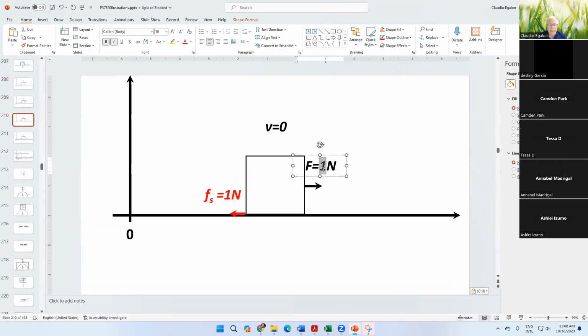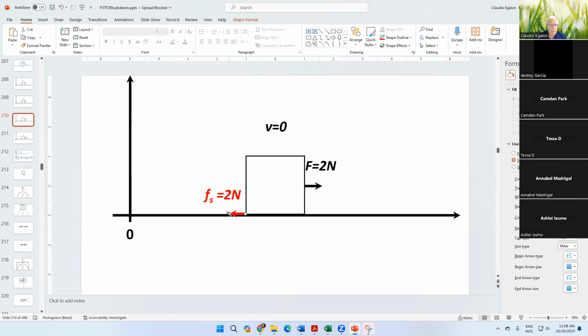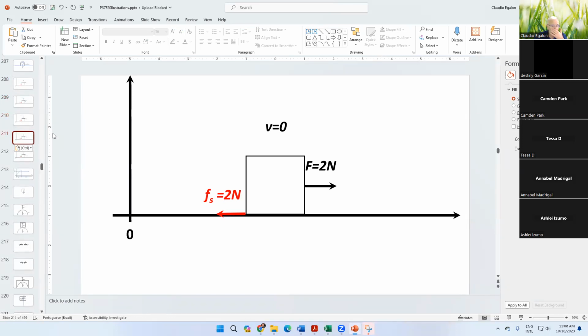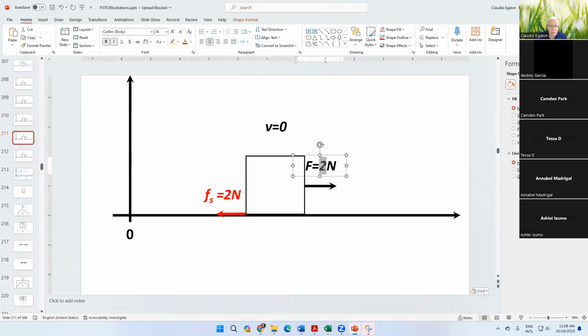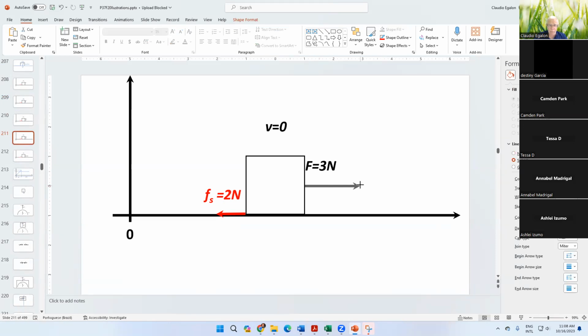You increase your applied force to 2 Newtons, and the object is still at rest. The force of static friction is also 2 Newtons. Right? And then let's say you reach a point in which the applied force is 3 Newtons now.